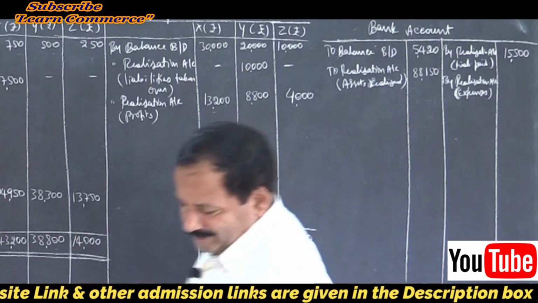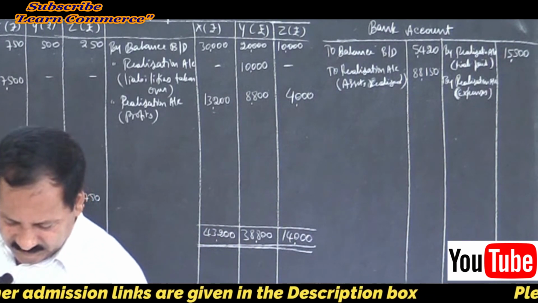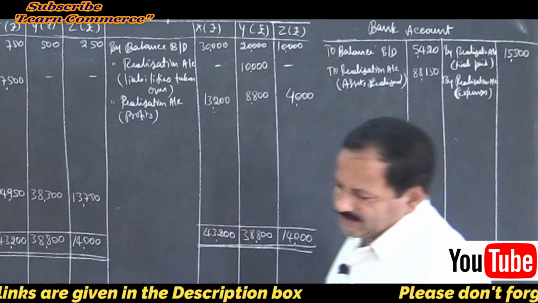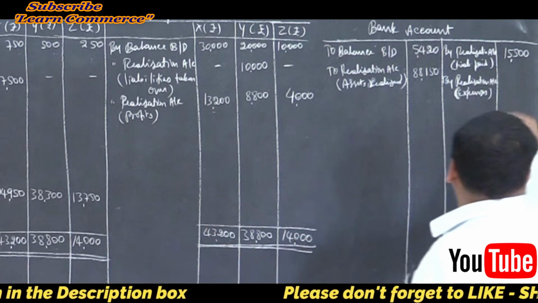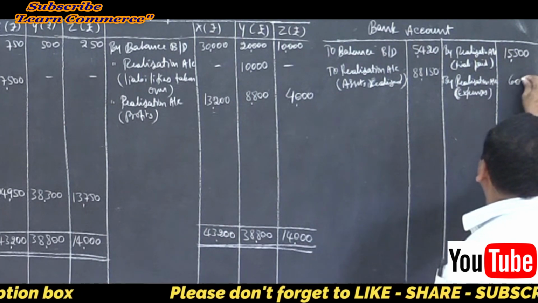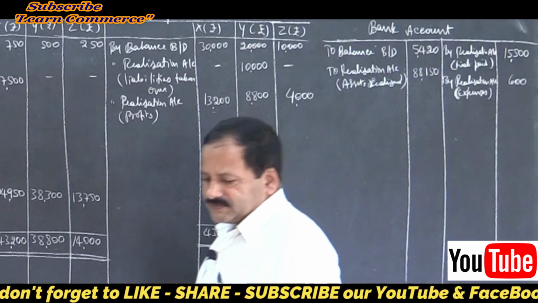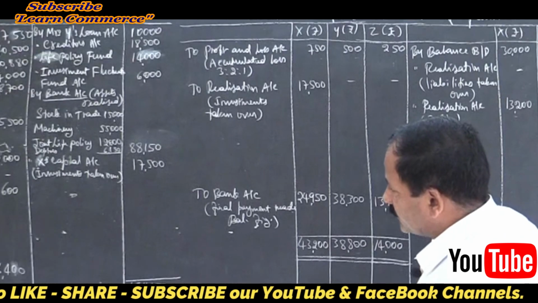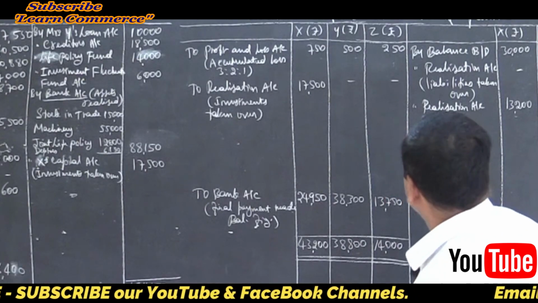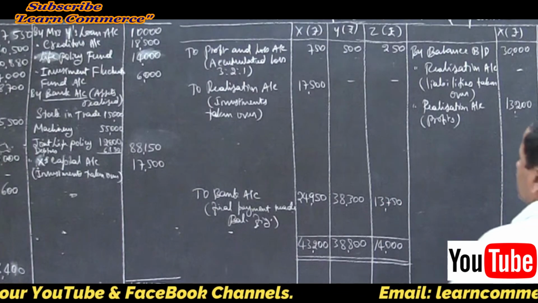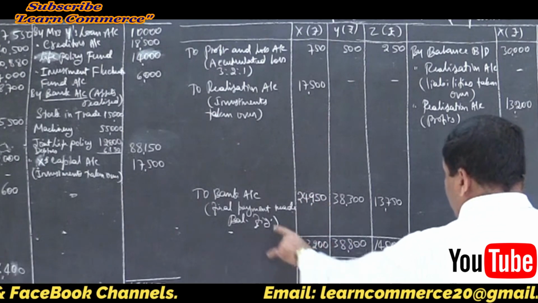Expenses 600, right? Yes, realization expenses amounted to rupees 600. That's all. No other liabilities to be paid, no other incomes. Move on to capital accounts.